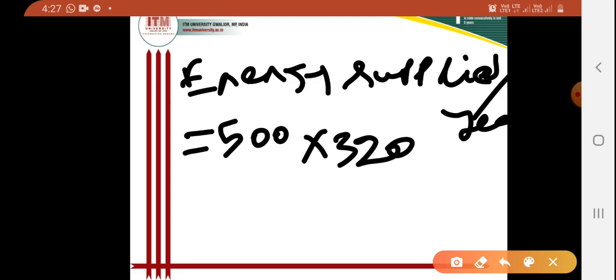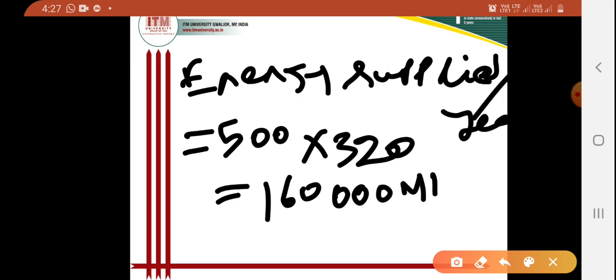That will be equal to 1,60,000 megawatt hour. So this is the energy supplied per year.